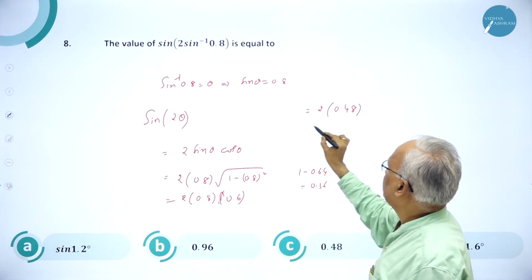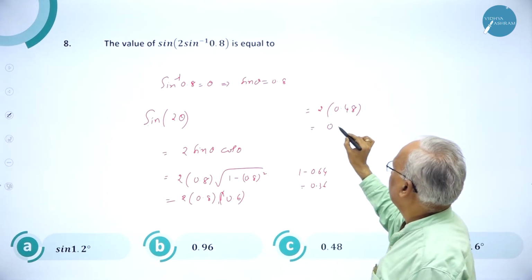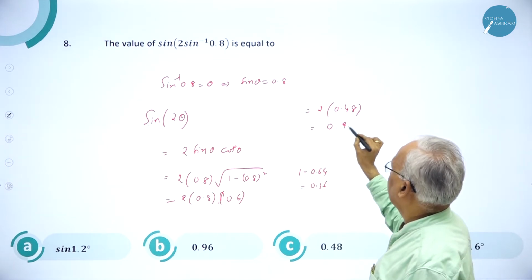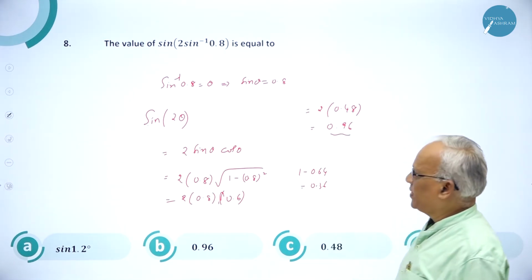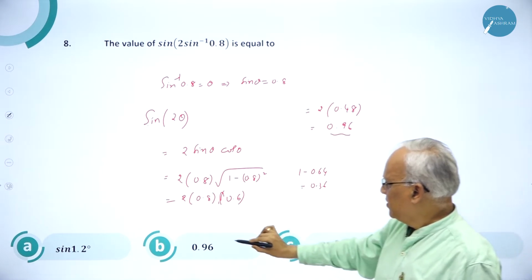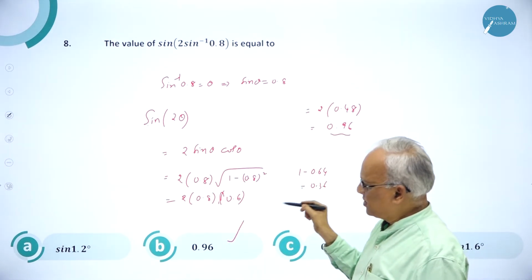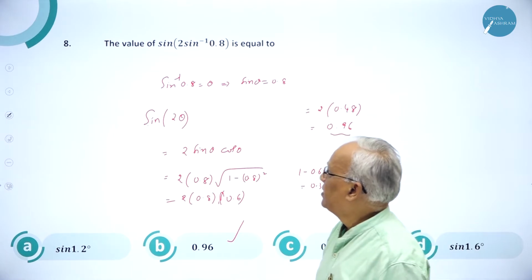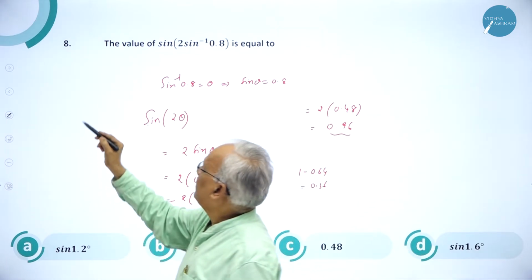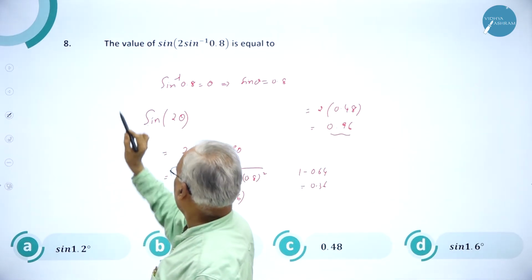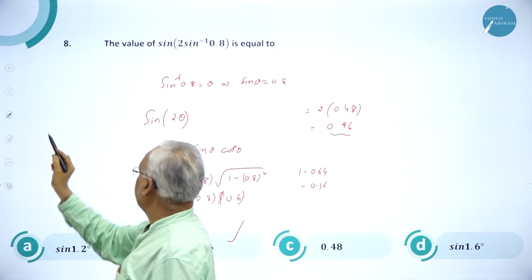Okay. Now that is equal to 0.48 times 2, that is 0.96. 0.96 is the answer. So calculation, look a little carefully, learn to do it fast, practice. So this is the way you do it. Okay. So answer for 8th question 0.96, that is B.